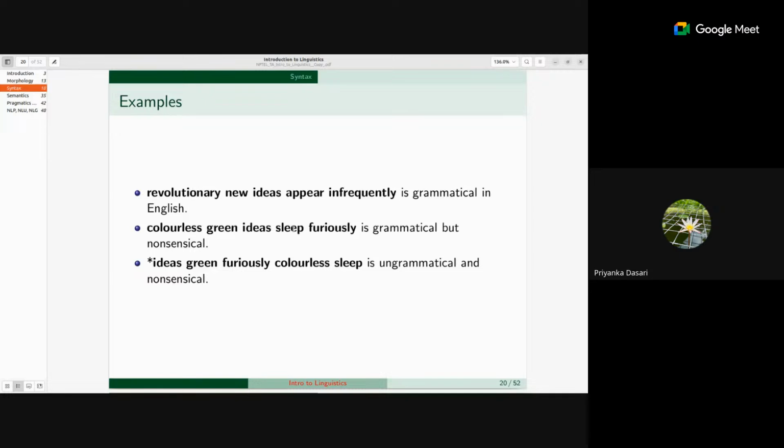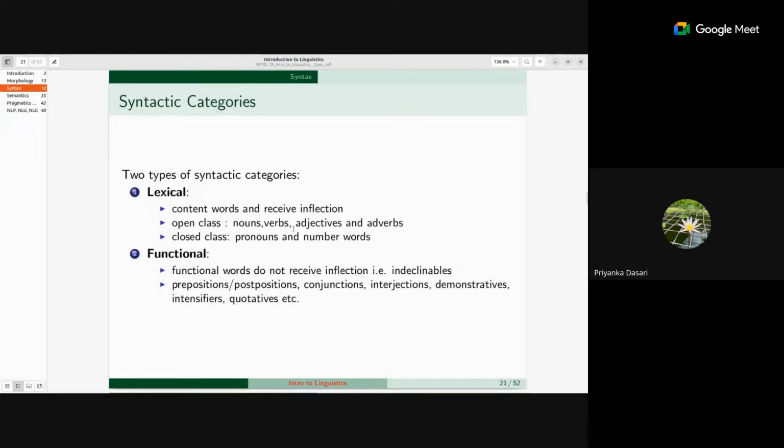And in the third example, "ideas green furiously colorless sleep" is ungrammatical and nonsensical. We are judging this based on the structure, the word order of the sentence. This is what syntax does.